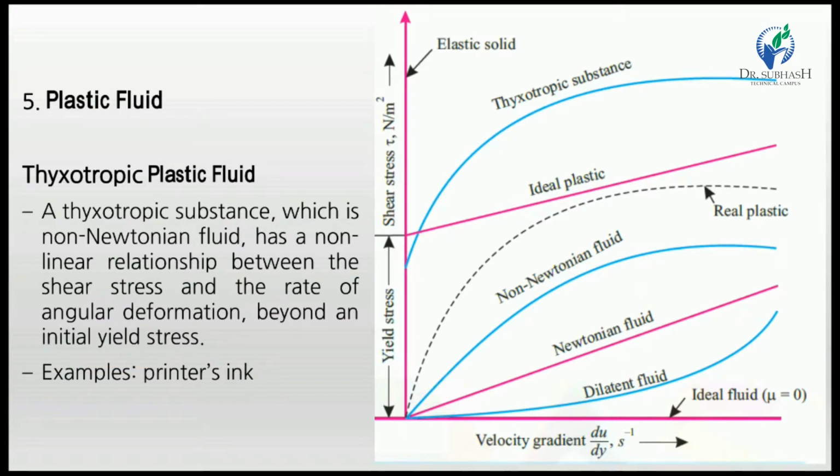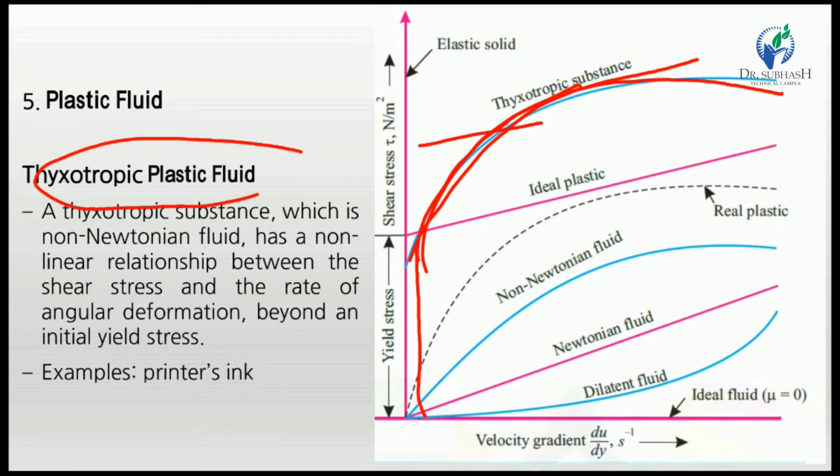So in this plastic fluid, after the yield stress, the shear stress is not directly proportional to shear strain. So the graph is not straight. So this type of fluid is a thixotropic plastic fluid. Okay.